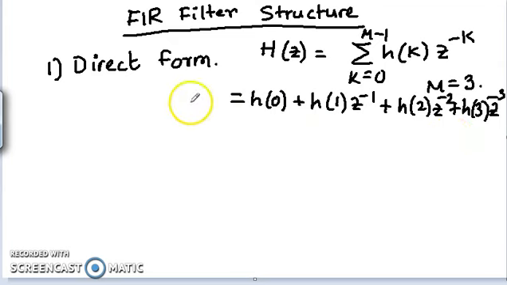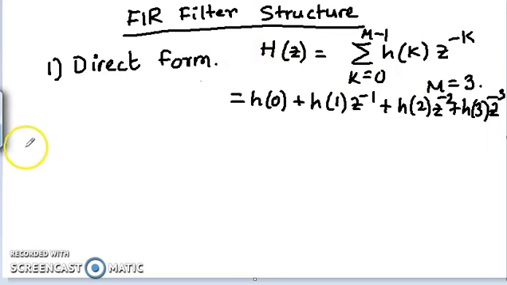If you think of the output, I am drawing the left hand side as input and the right hand side as output. So, Y(z) will be everything multiplied with X(z), as it is the transfer function.